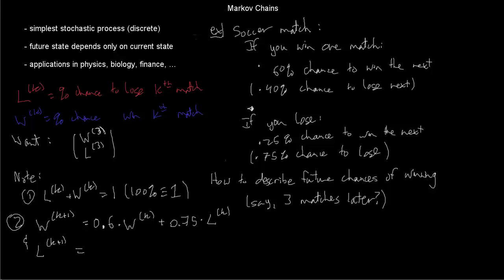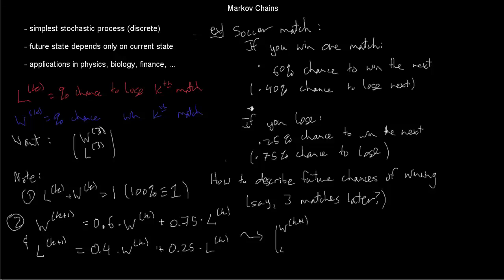Similarly, again, there's going to be a misprint here, but losing the k plus first match, well, you've got a 40% chance of doing that if you win, and you've got a 75% chance of doing that if you lost. So the 0.75 and 0.25 should be swapped here. And I think I got it right in the matrix that we're going to see.